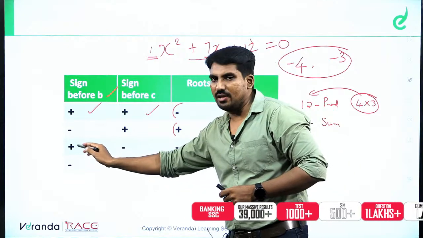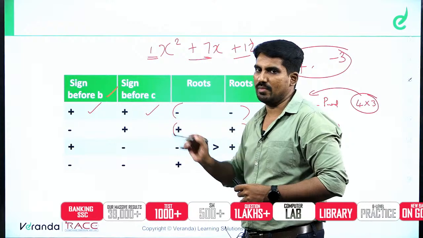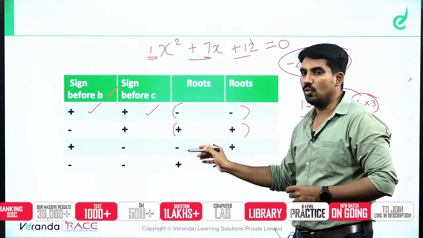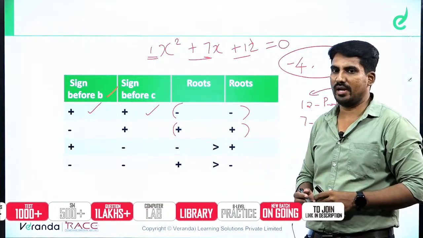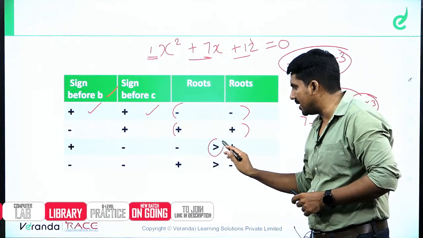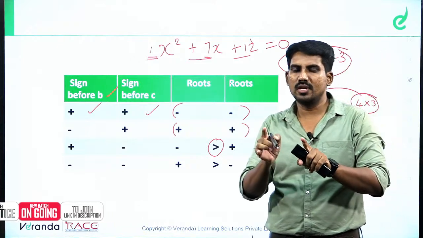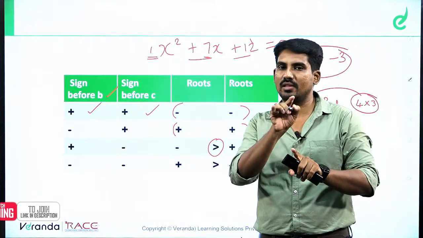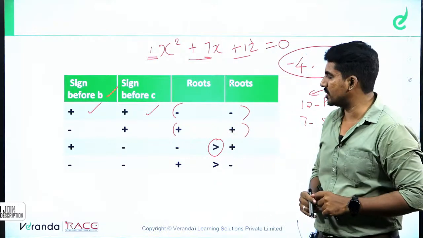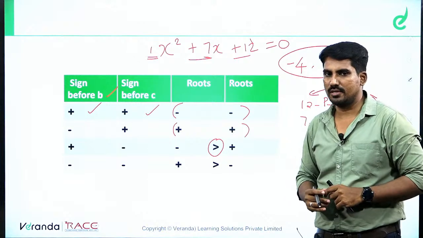Now, before b they have given plus and before c they have given minus. Therefore, the roots are minus plus. In minus plus, why this greater than symbol is included is: find two roots, and whichever number is higher, for that put minus. Therefore, roots are minus plus, greater number minus. That is the logic, right?